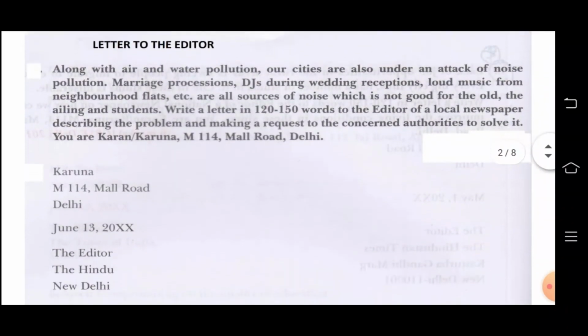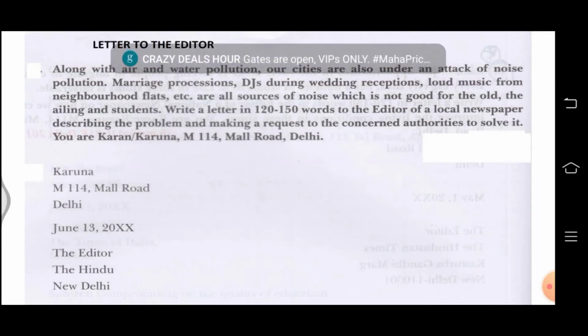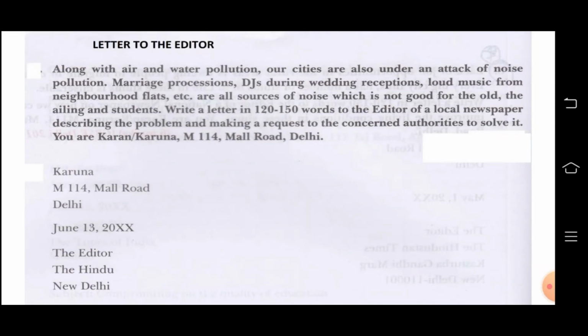So this is the example of a letter to the editor. First of all, you have to read carefully the question that has been given, what the problems are and all the things.